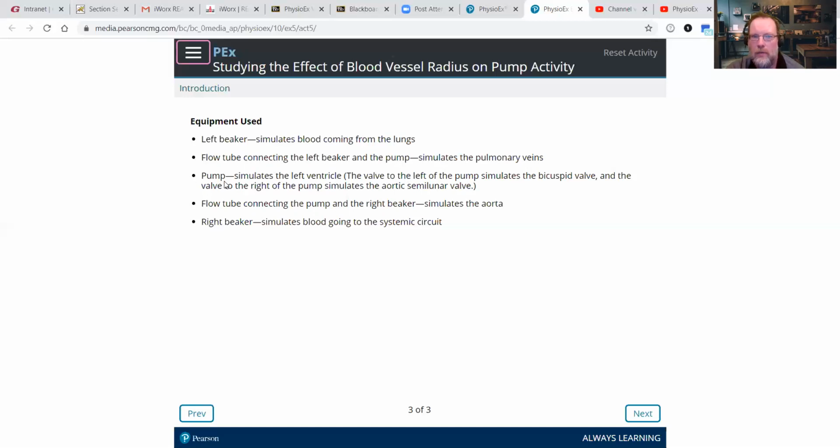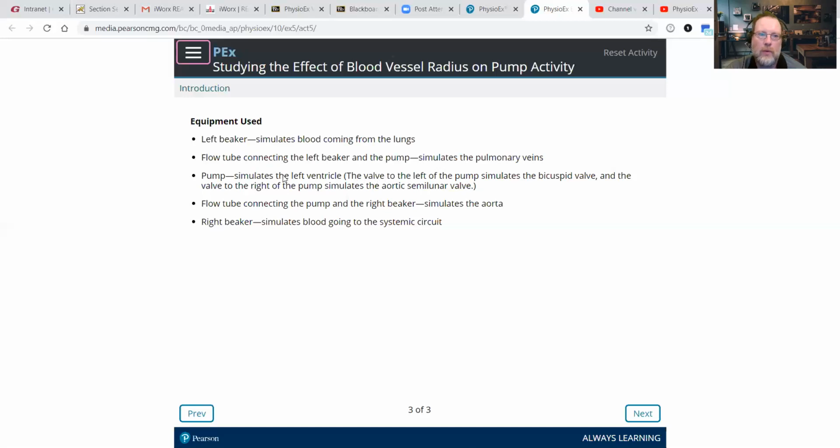And for this, we're going to have a pump that's simulating the left ventricle. So we bypass the atrium, and we're just going to put that blood right from the pulmonary veins into the left ventricle. Of course, in reality, we go through the left atrium, then the left ventricle.